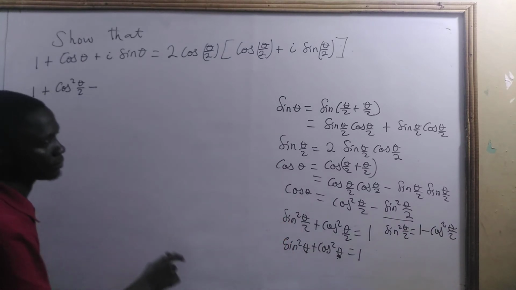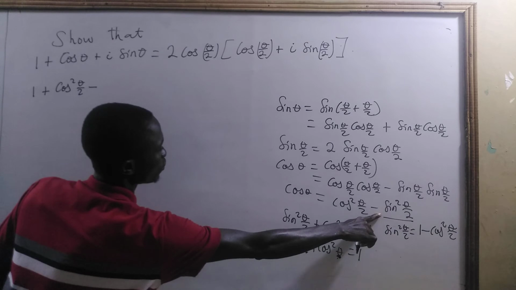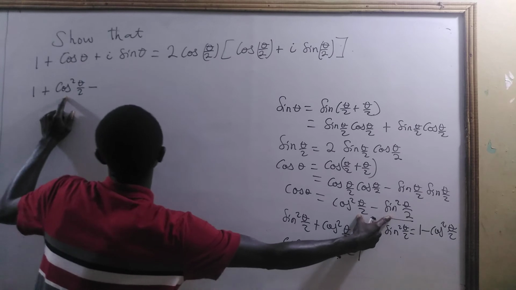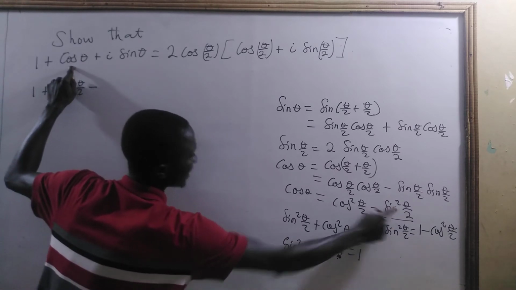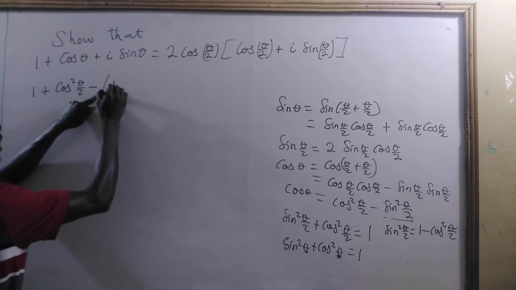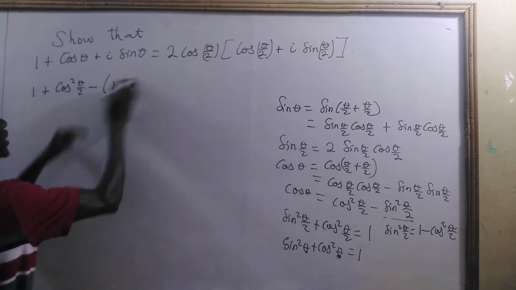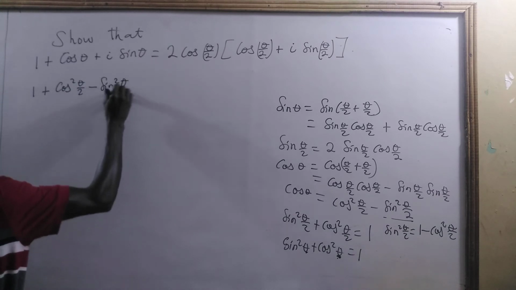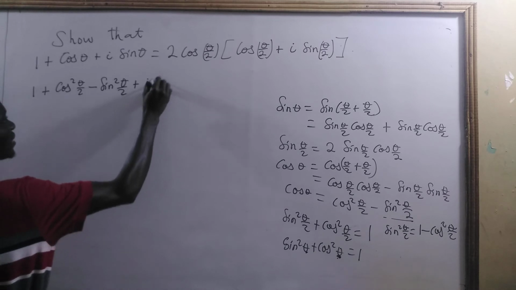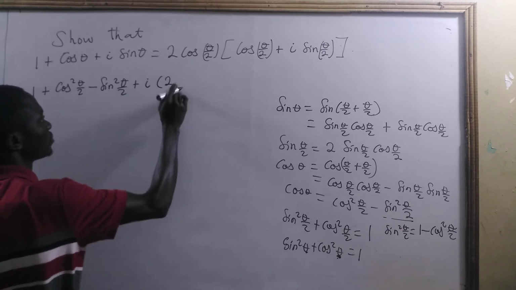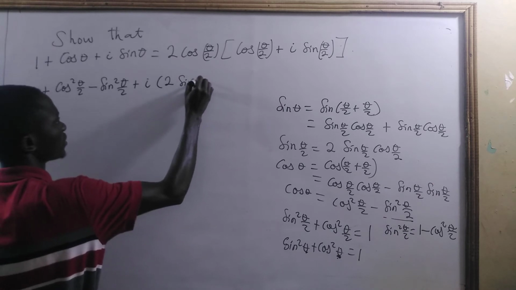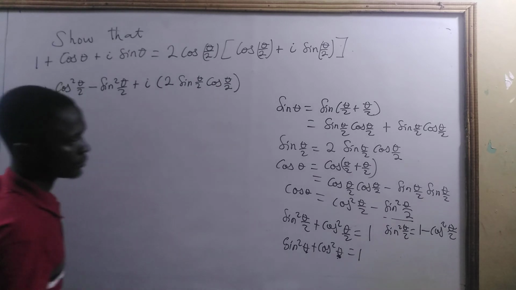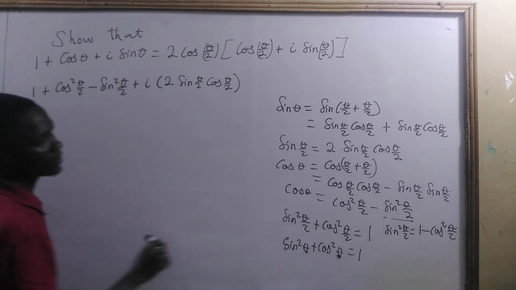So in place of sine squared here, we are substituting this. We are putting this for cosine of theta, plus i times 2 sine of theta on 2 cosine of theta on 2, because our sine theta is given by this.